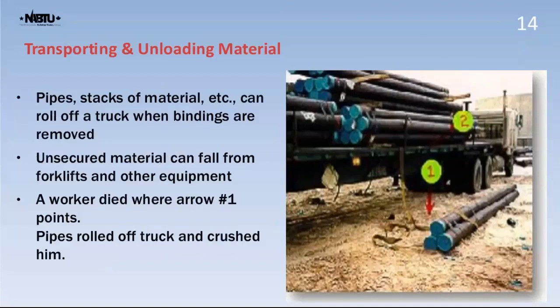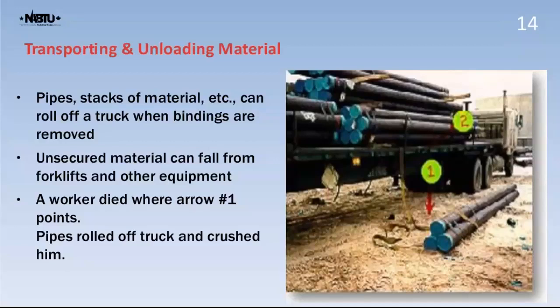Another thing to be aware of, even if you're not working in a crane type environment, you can still be loading and unloading trucks. So this is a picture of where a fatality actually happened. These pipes were tied together with chains, and the worker was too close, and some of the materials slipped and rolled off the truck and squashed them.